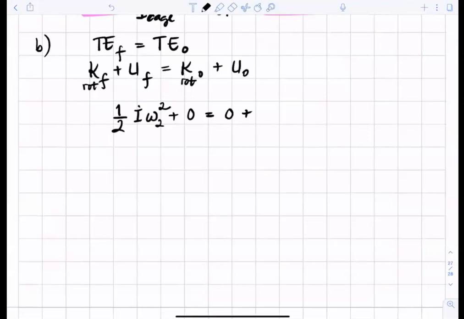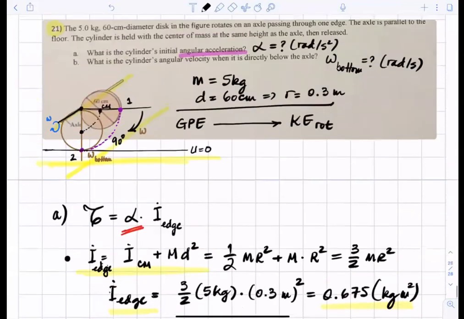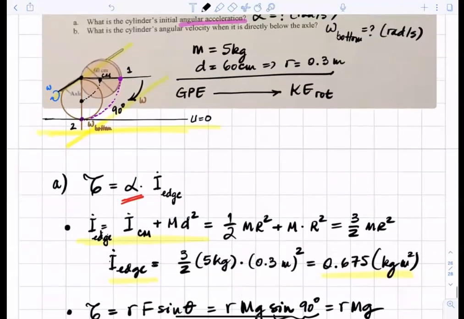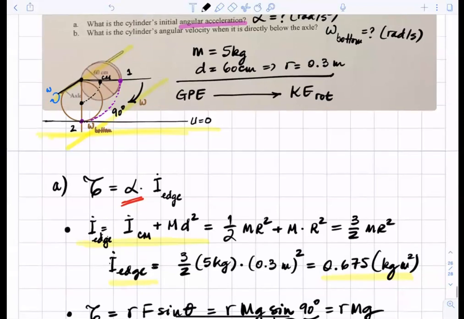And then plus the potential energy initial, well, that will be the height. So the height from phase 1 to phase 2 is 2 times the radius, or simply the diameter. But if you are considering angular velocity as directly below the axle, then it will be the angular velocity of the center of the mass.